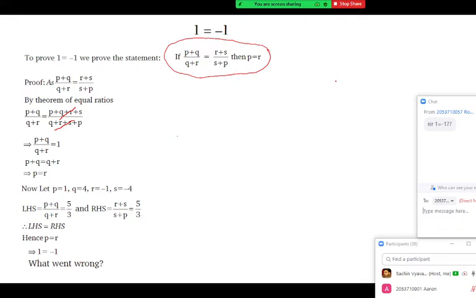So with the help of mathematics, we can prove anything then. 1 equal to minus 1, 1 is equal to 100.